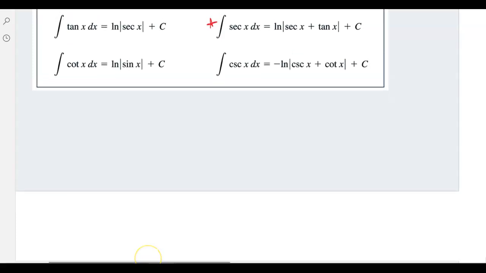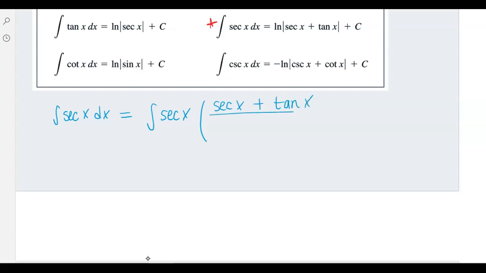So let's start with the integral of secant x dx. And I'm going to rewrite it in a fancy way by multiplying it by this complicated looking fraction. I'm just taking and multiplying by a form of 1.